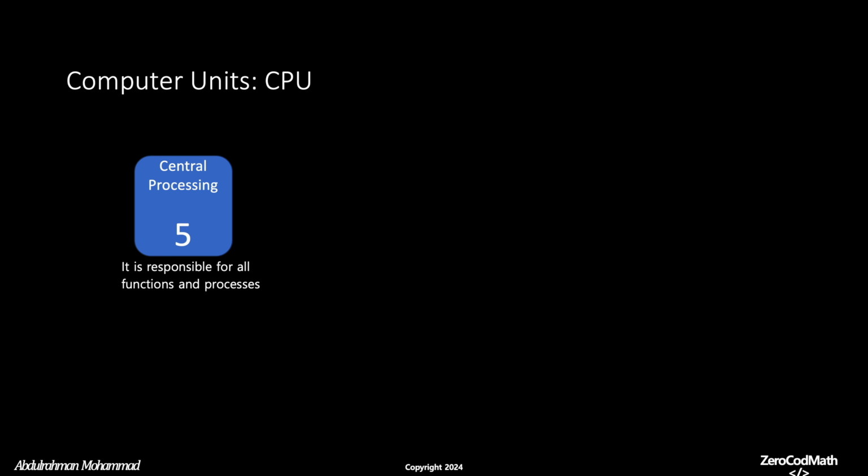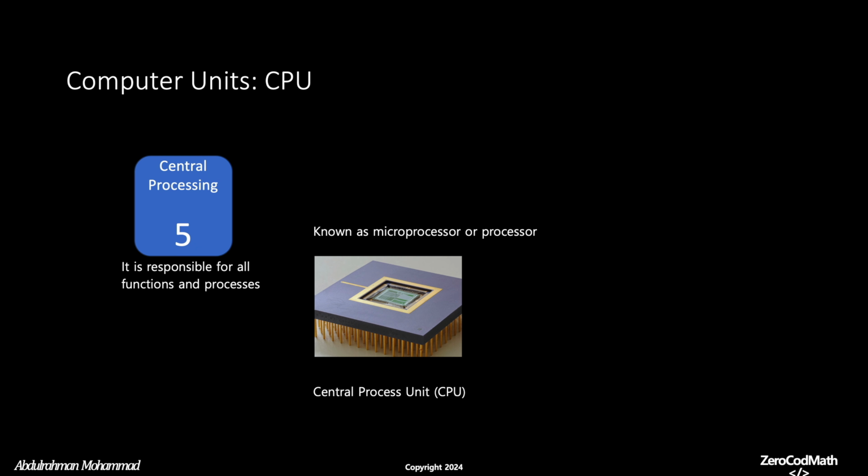Now, CPU, which we call central processing. It is responsible for all functions or processes. Here is a picture of the CPU. It is an abbreviation for Central Process Unit. It is known as a microprocessor or processor also.